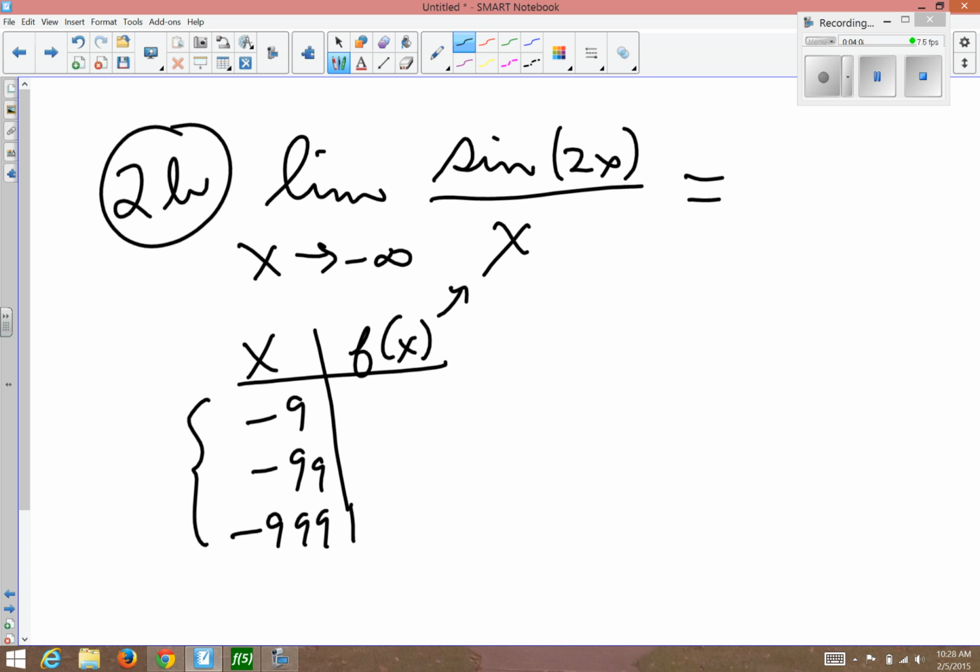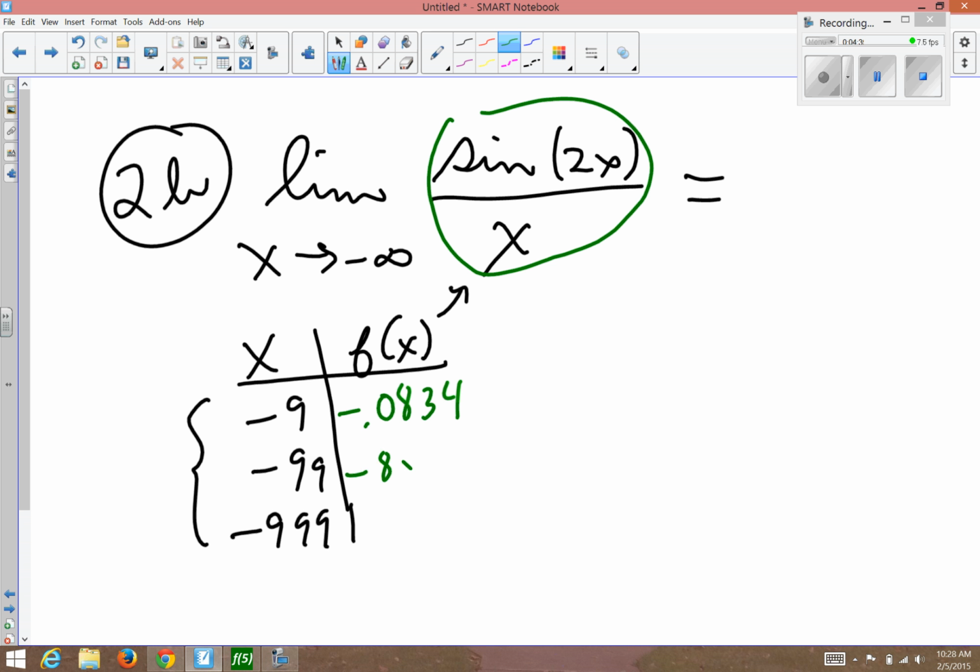And plugging these numbers in to here, amazingly enough, even though I'm plugging in these negative numbers, we get the same y values that we got when we plugged in the positives. That's negative 0.0834, close to 0.